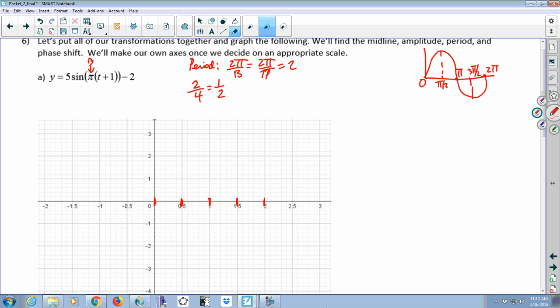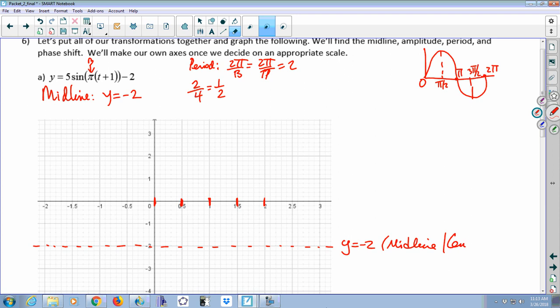My midline is important to know because I have to know that in order to get my high point and my low point. Going opposite of what Kyle said, I find my midline here is now -2. So down here at -2, I draw a dashed horizontal line and put y equals -2, and I remind myself that's my midline or my central axis. Everything is going to start here and go above it and below it, max and min.